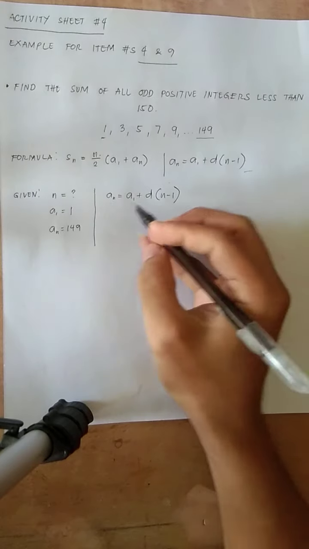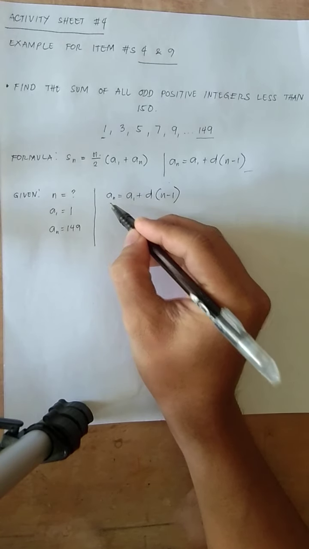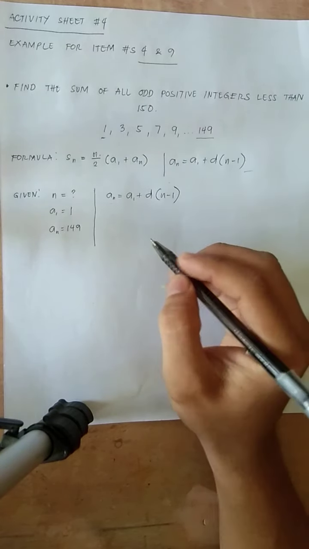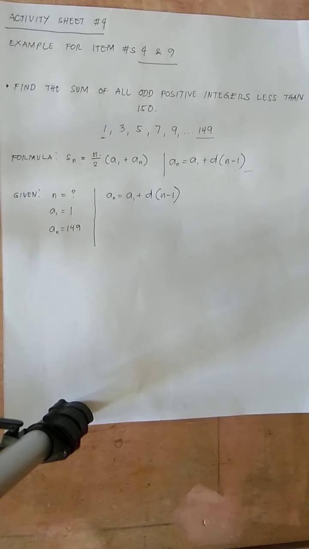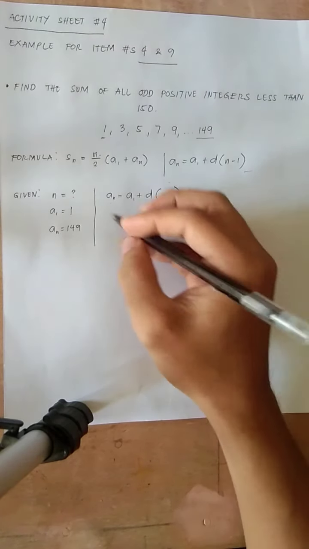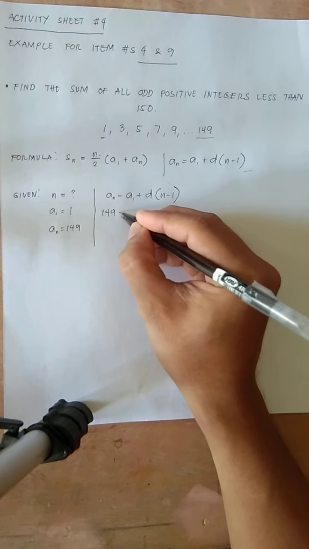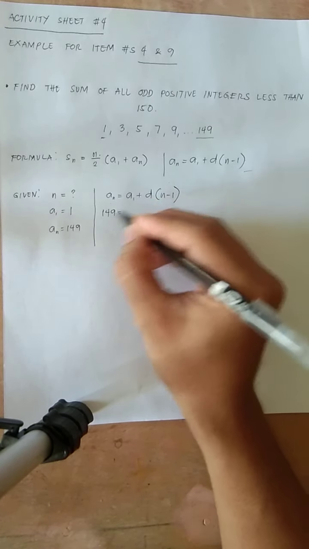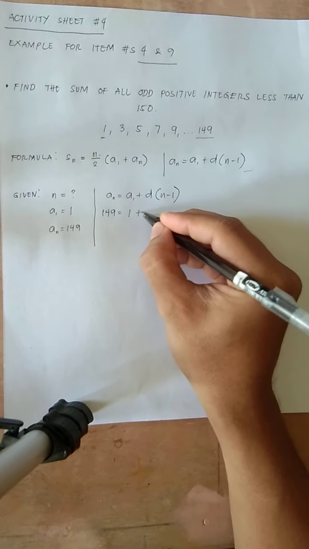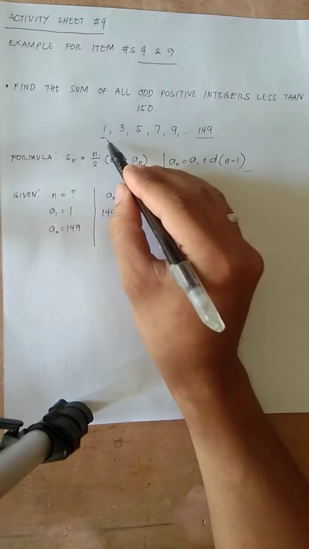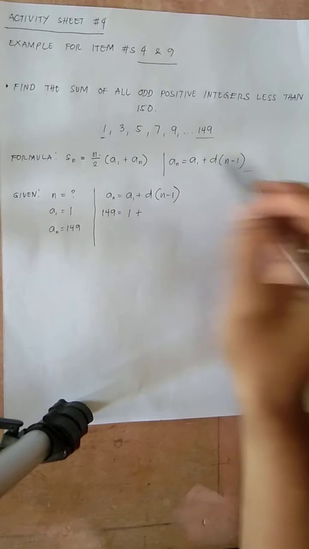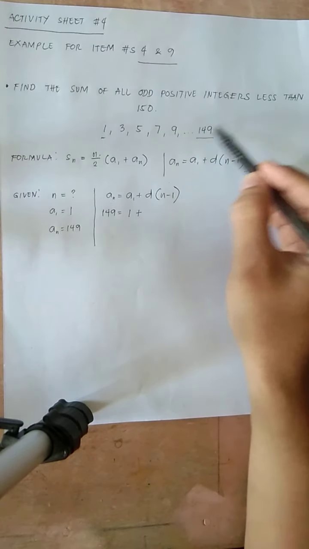Okay? So, the a sub n is still the last term of the sequence, which is 149. So, by substitution, we have this equals the a sub 1, which is 1 plus, what is the common difference of this sequence? If you will notice, it's just plus 2, plus 2, plus 2, plus 2, plus 2 all the time.